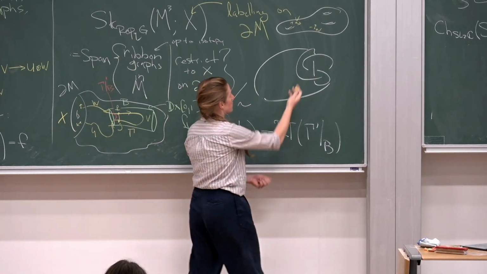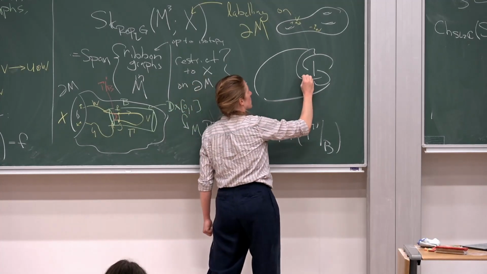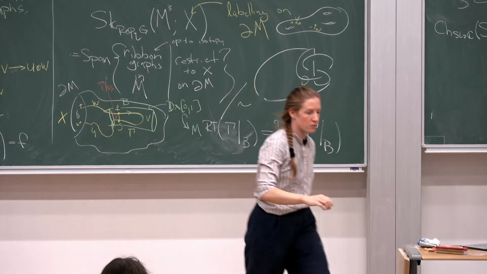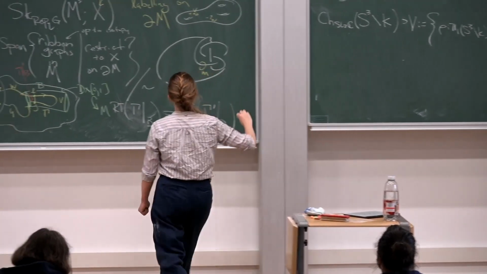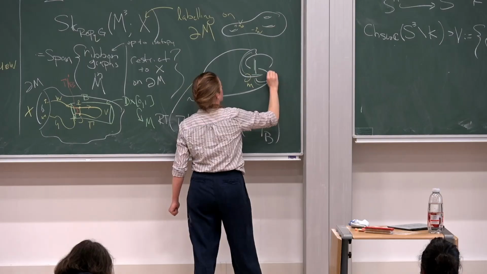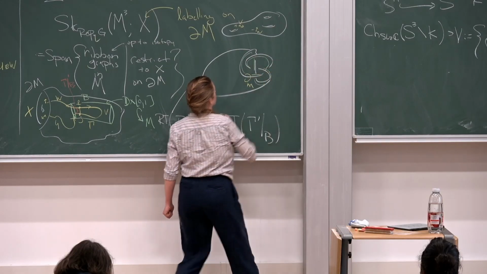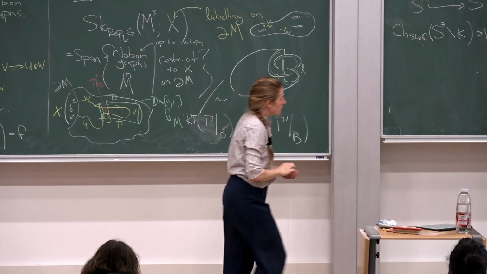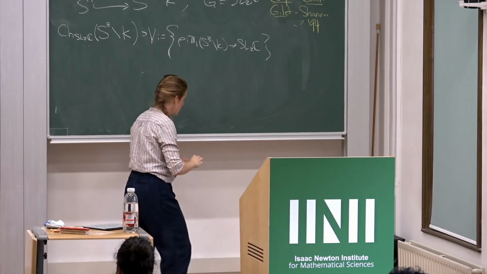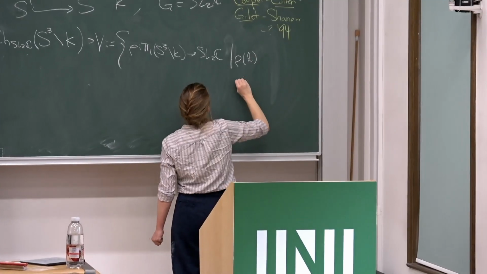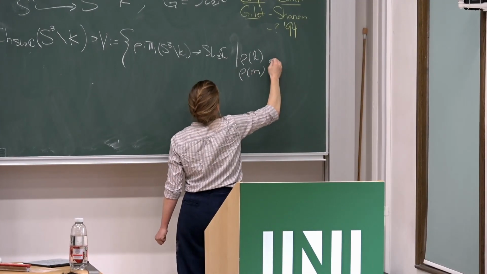I have two curves in here I can define. One, I'll write M, this is the meridian, and the other one, L, the longitude, which just follows my knot around like that. What they do is take this space, and they require that rho of L and rho of M are upper triangular.